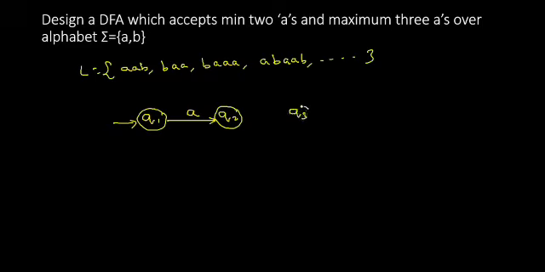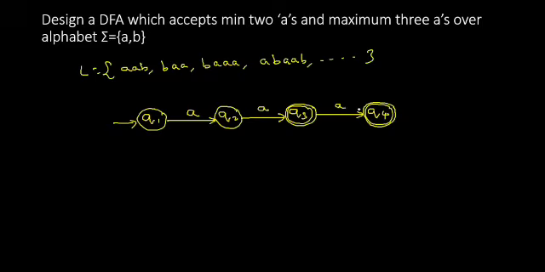So Q3 I make a final state. When I give the third A, I will be standing in Q3, so I move to a state called Q4 and make that also a final state, because 3 A's should get accepted. Minimum 2 A's and maximum 3 A's should get accepted.